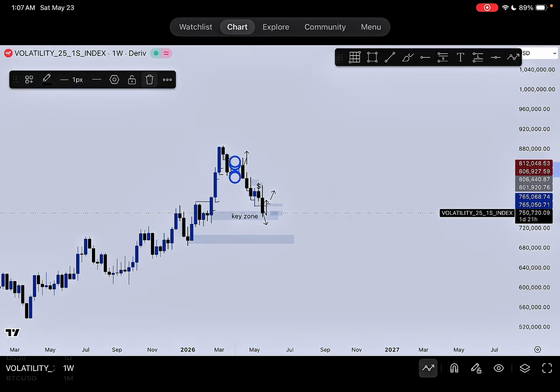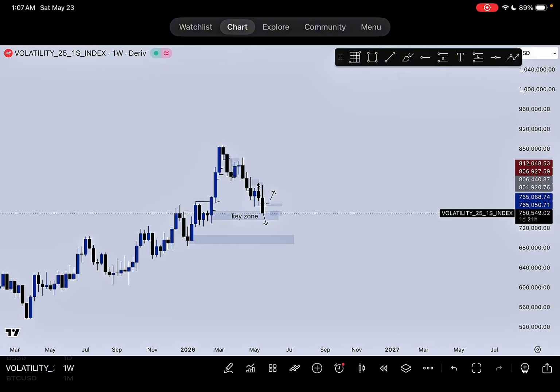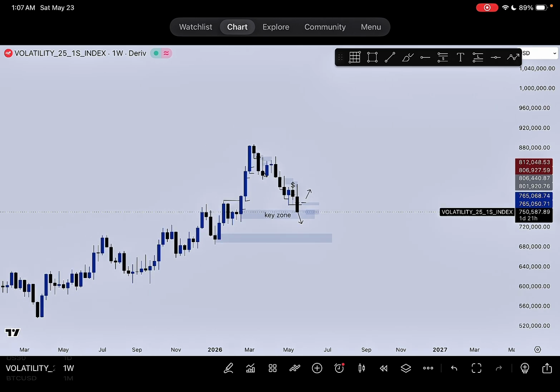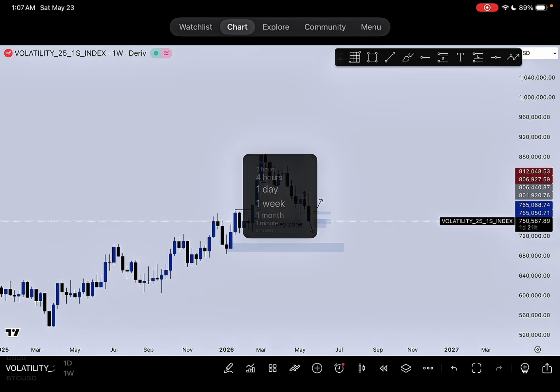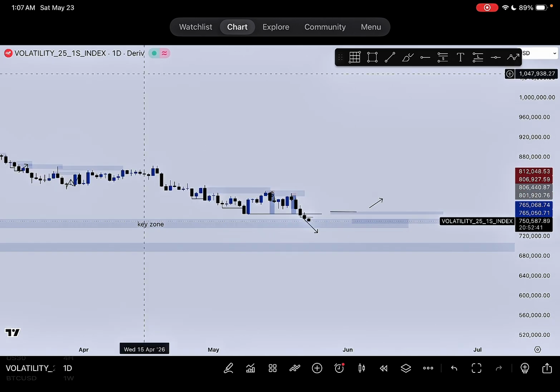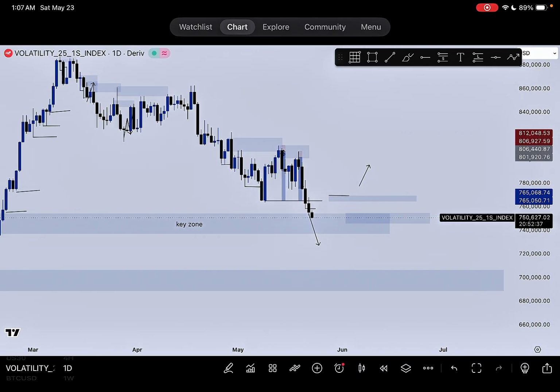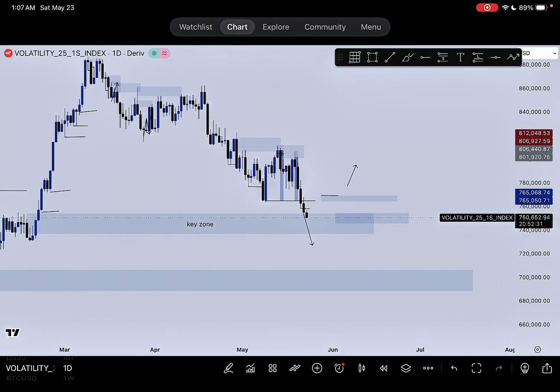I avoid them for now because I don't really know what the market is doing. So if you have any other pair, even if you still want me to analyze gold and BTC, I can still do it, but I don't trade it for now. I do trade gold and BTC, but for now I'm not trading it because the market has been acting funny lately. So if you have any question, you can as well ask in the comment section.